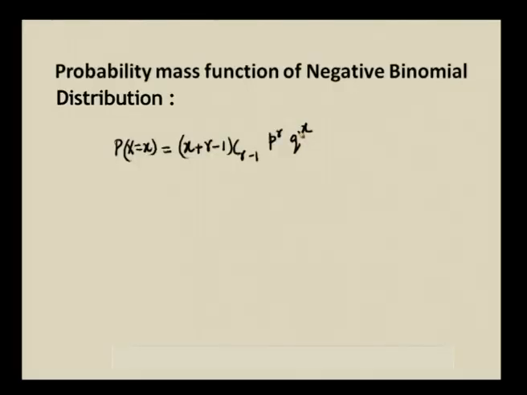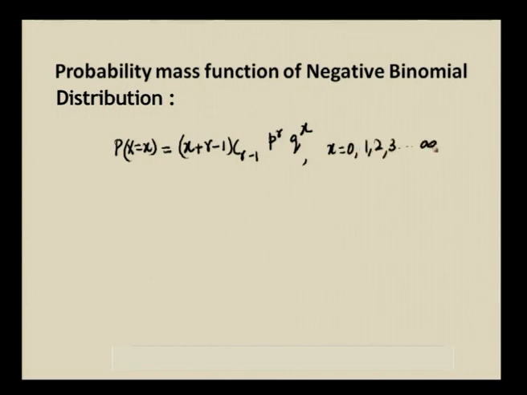Since there are x failures you have q power x, and since there are r successes we have p power r. And taking the combinations (x plus r minus 1) C (r minus 1), we get the probability mass function as such, where x will take the values 0, 1, 2, 3 etc. up to infinity.